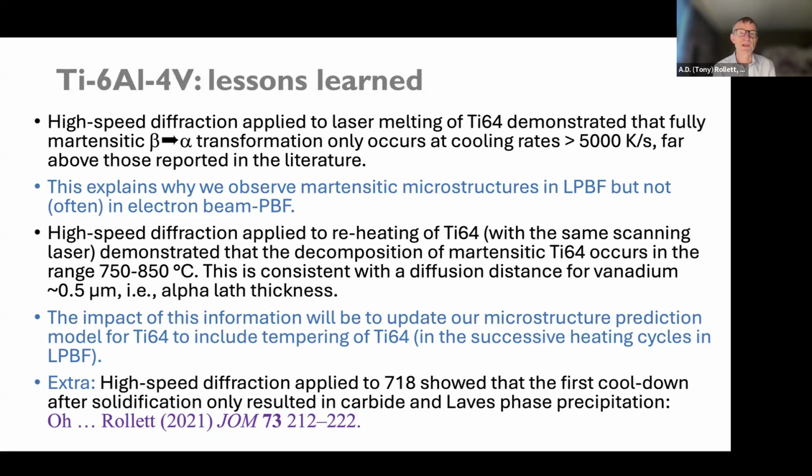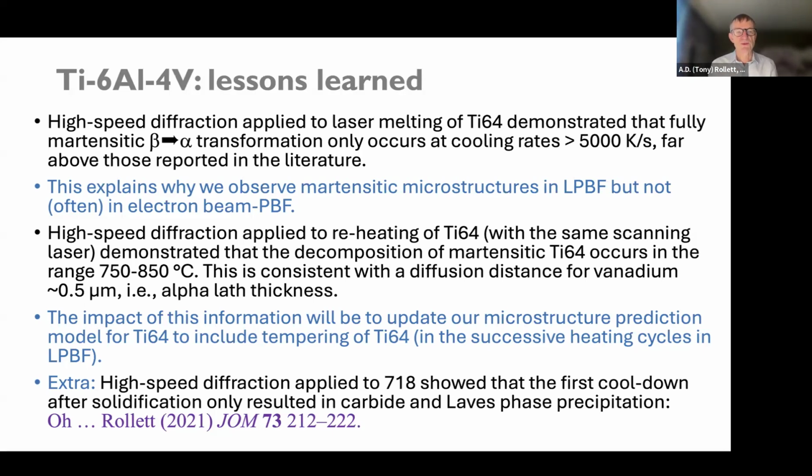It comfortably explains why we see martensitic structures in laser powder bed fusion, but not in electron beam, which typically uses much larger preheats, or for that matter, in wire deposition, which is more like a welding process, with much larger weld beads and much slower cooling rates. And these remarks are backed up by some of these high-speed synchrotron experiments that we've done.